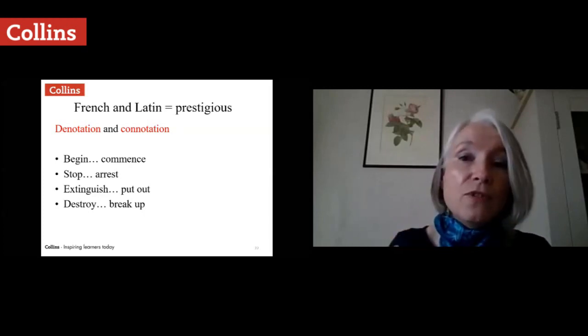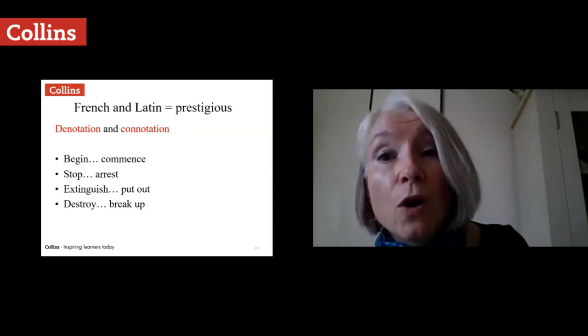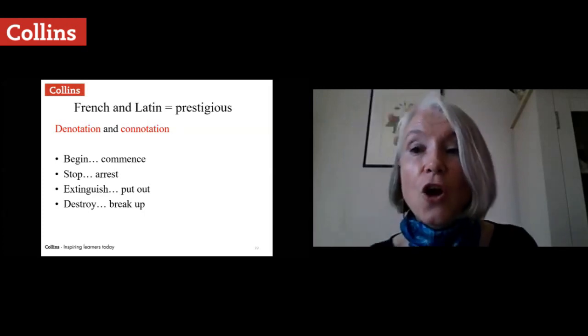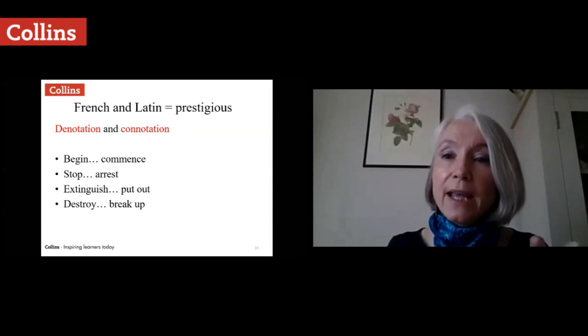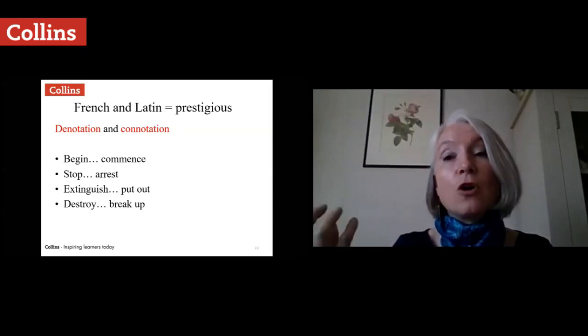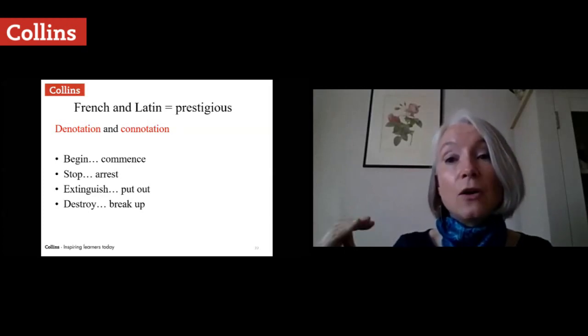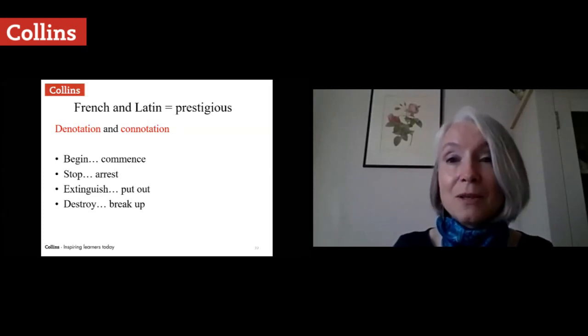And it's because of this that English has so many words in the language. We've taken words from French and Latin, and we've retained the original English, but the words coming in from French and Latin have got very specific connotations, which mean they are not proper synonyms. They're not a direct replacement.